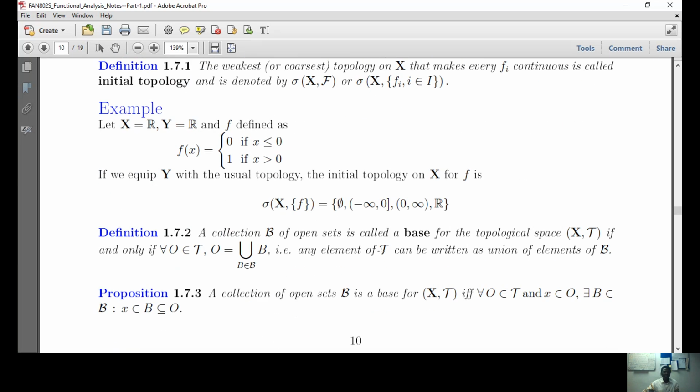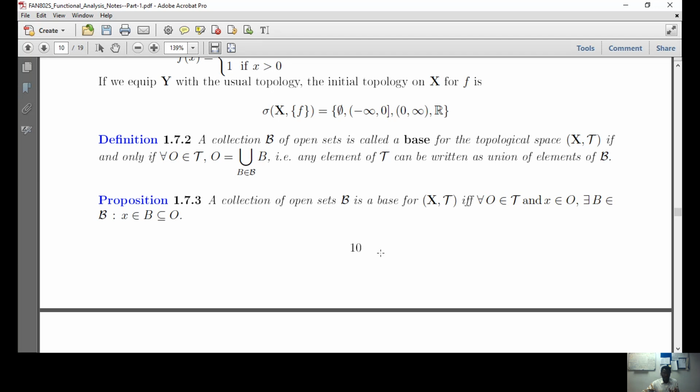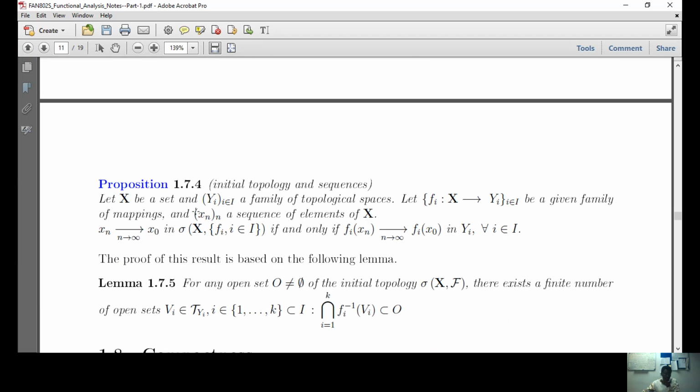But because the f sub i are already continuous for the initial topology, obviously this can be used to characterize a converging sequence for the initial topology. So this proposition, in fact, characterizes the convergence of sequences for the initial topology.